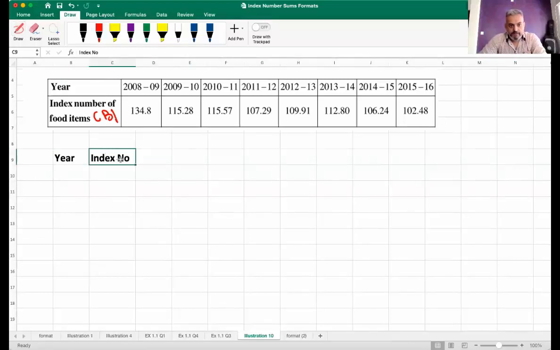Now, this is the index number, which is chain base. Right, CBI, chain base.